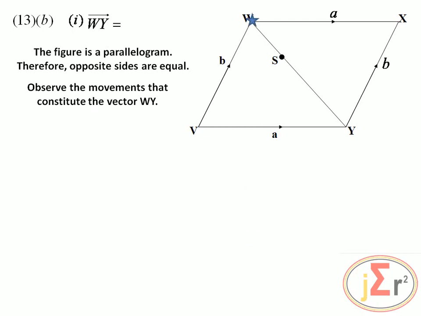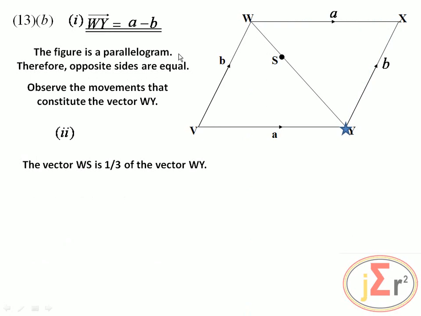Look at the movement now: A and opposite to the vector B. So positive A minus B. That is WY. The vector WS is 1/3 of the vector WY. So WS is equal to 1/3 of the vector WY.